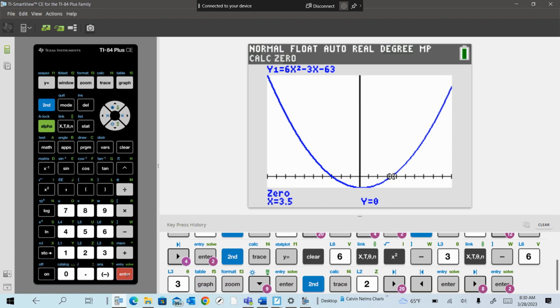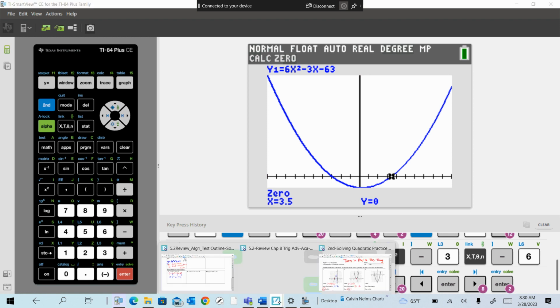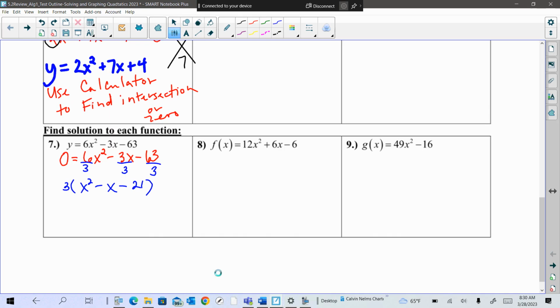So once you start knowing these different functions, these different options with your graphing calculator, you can just put GC, so graphing calculator to solve. All right. So here, if we're factoring, this would have been x, I believe.